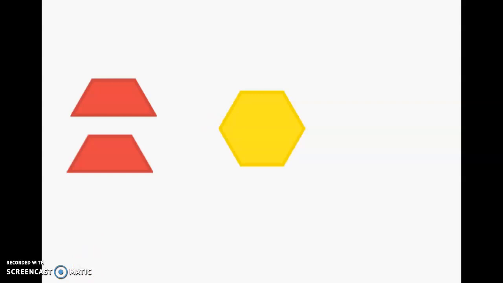So a really simple way that I can create a hexagon using 2 shapes is by using trapezoids. I know these are trapezoids because they have 4 sides, they have 4 vertices, and they have 1 pair of parallel sides.